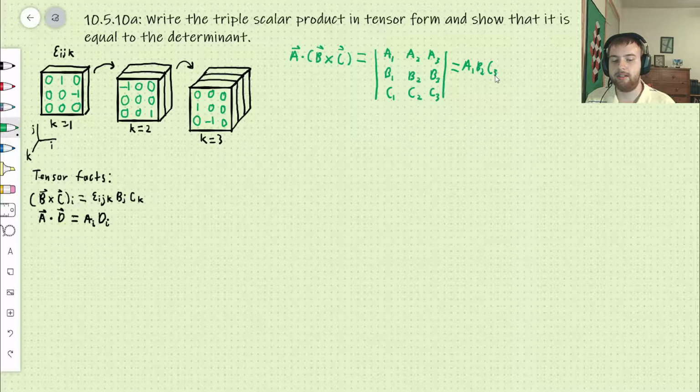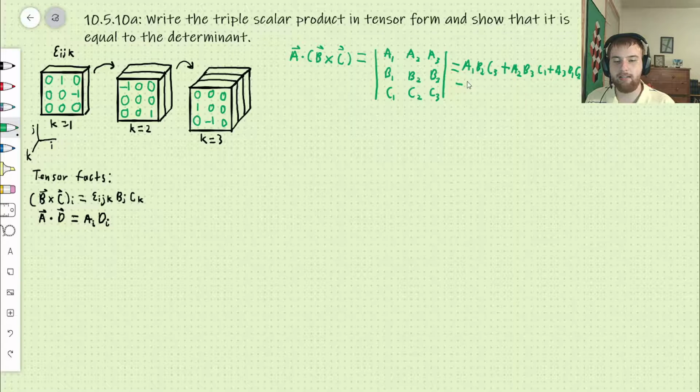So we all know how to do determinants of matrices. We also know how to do triple scalar products. This is all stuff that we've been taught before, but doing it in tensor form is going to be a little different. Okay, and this is a C2. You guys can see that well enough.